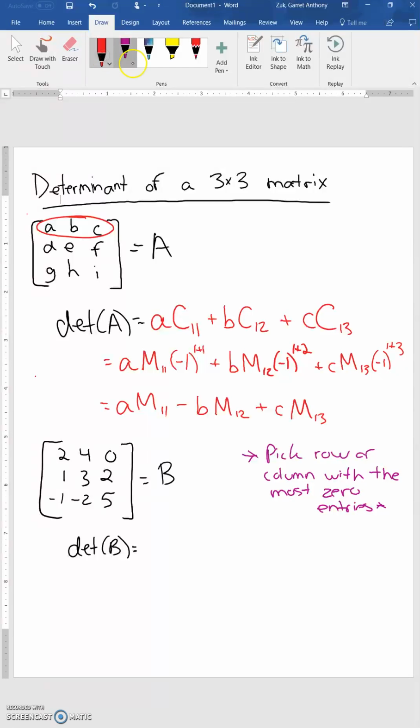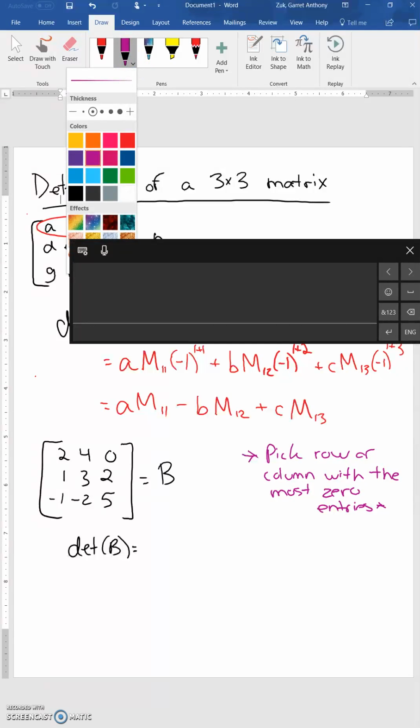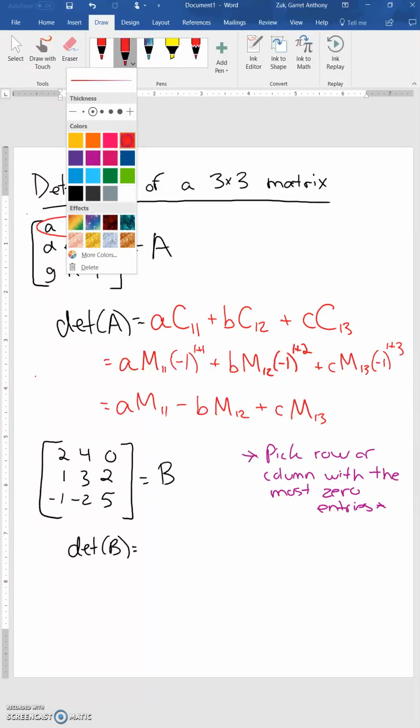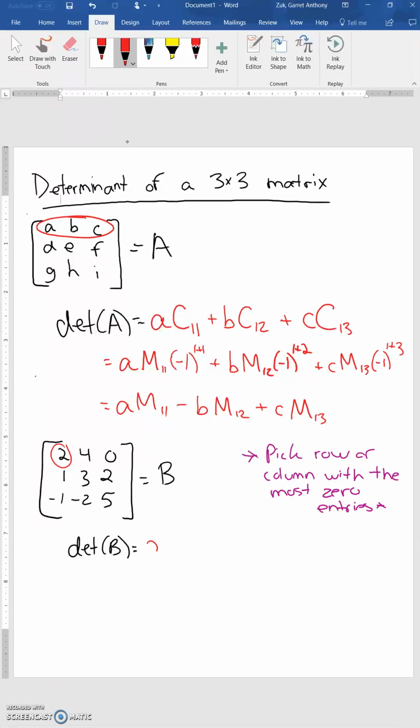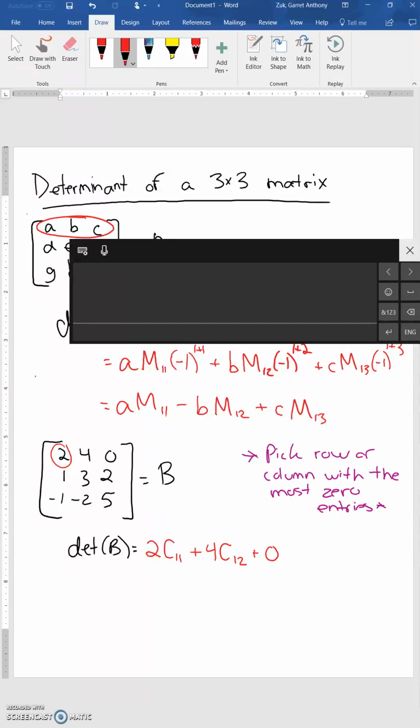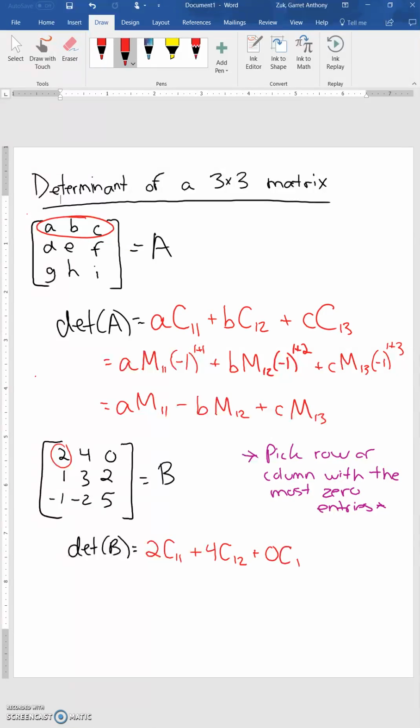So let's go back to red. Again, we're taking this first entry, 2, times the cofactor at 1, 1, plus 4 times the cofactor at 1, 2, and then we've got this plus 0 times the cofactor at 1, 3.